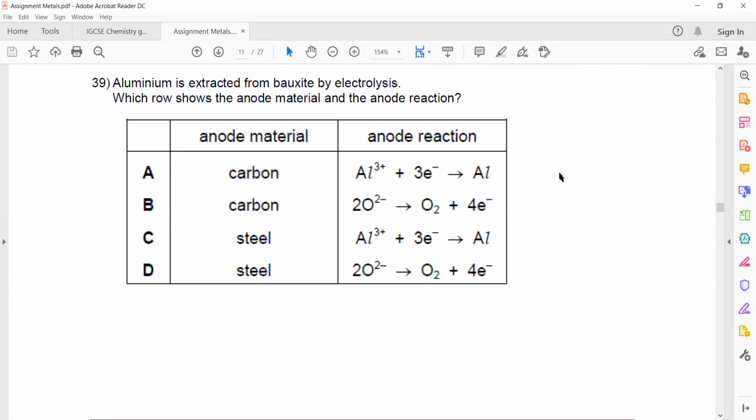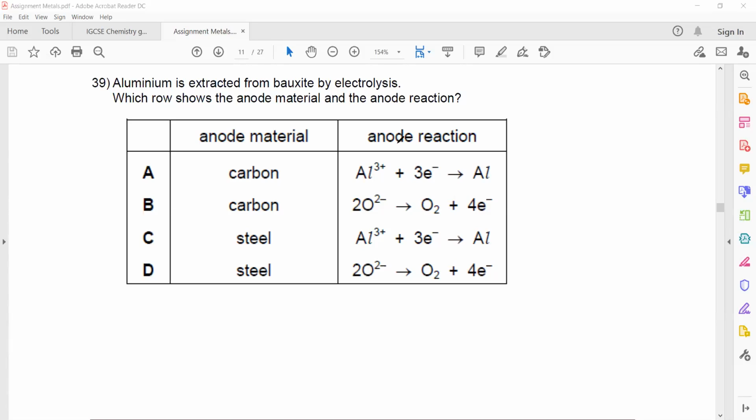Question 39. Anode and cathode are both made up of carbon.